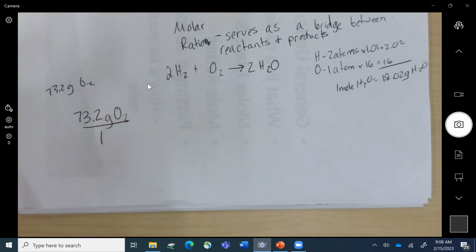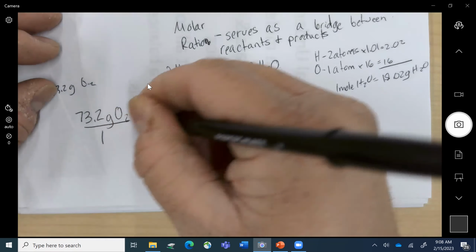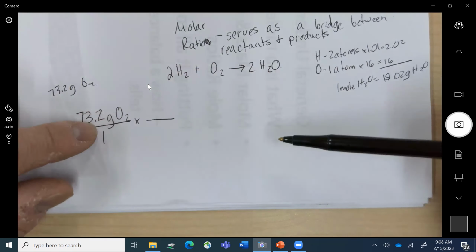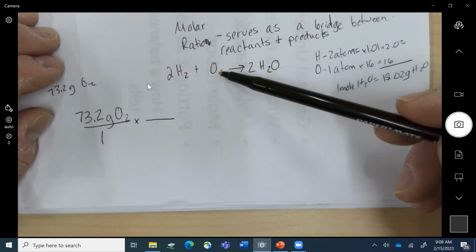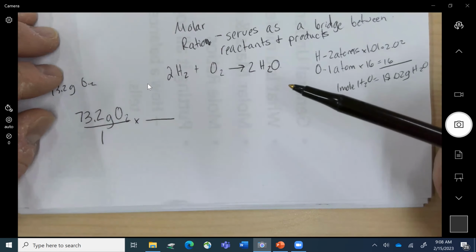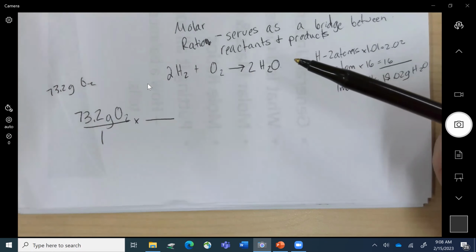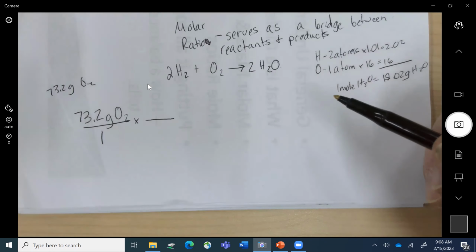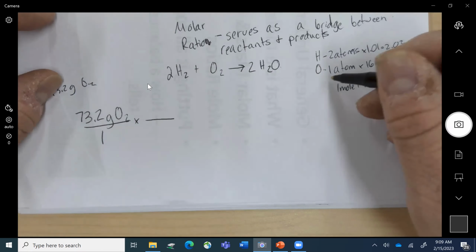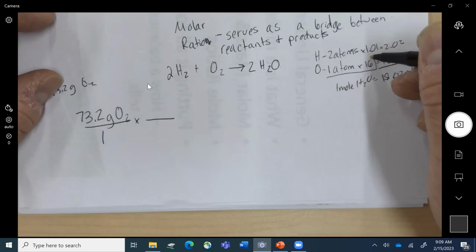Now, the next thing is we need to convert. So you write what you start with. We need to convert to moles of oxygen. Typically, the weight of a mole of something is going to come from the periodic table. If you look at the periodic table for oxygen, it weighs 16 grams.